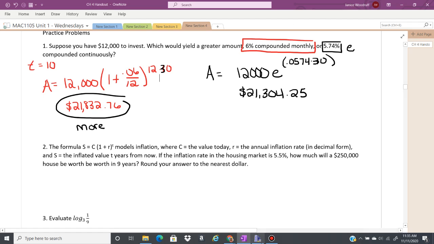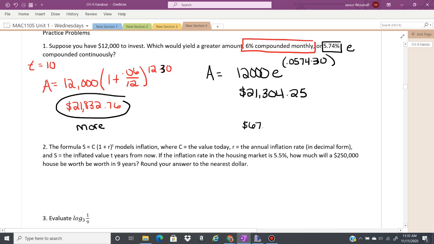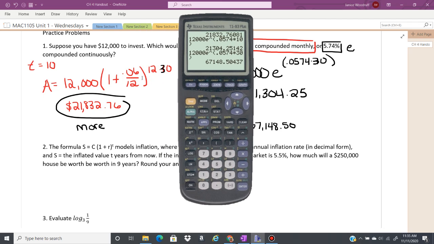So I'm going to do the E one first. So 12,000 second E to the 0.0574 times 30. That's going to give me $67,148.50. Okay, then I'm going to look at my monthly, with 30 as my time. So I'm going to do 0.06 divided by 12 plus 1.